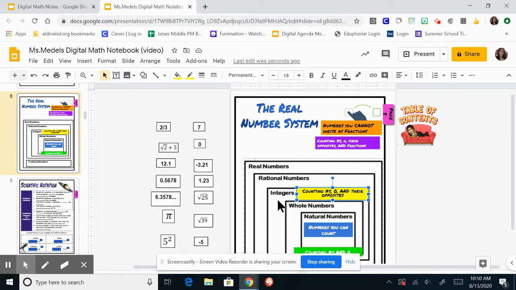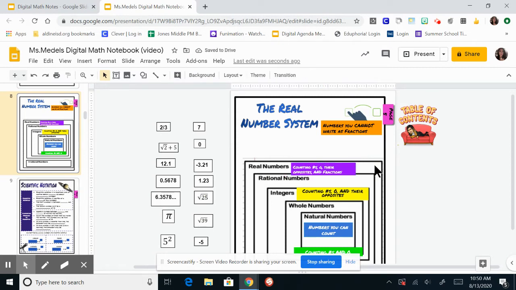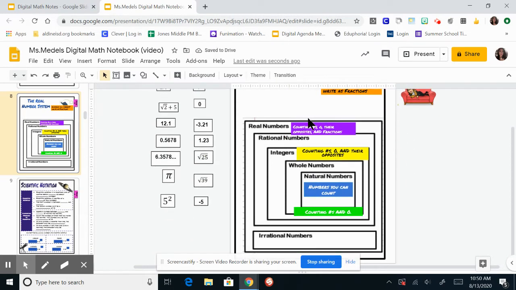Integers are going to be a subset of rational numbers. So rational numbers are going to have all the numbers you can count, 0, and their opposites. And this time we are going to add fractions. All of these you should be pretty familiar with.